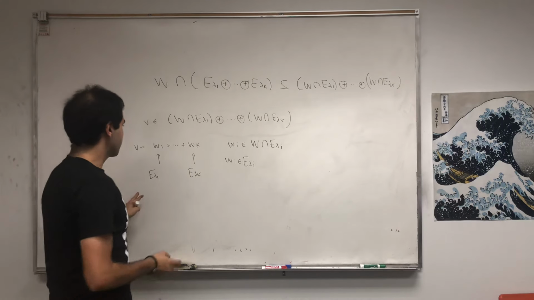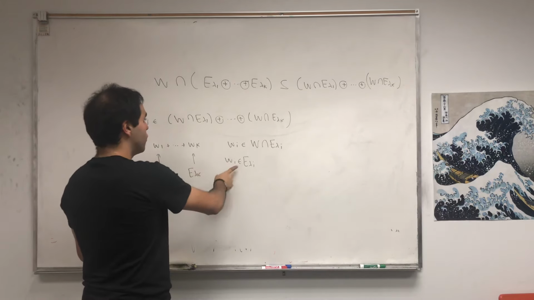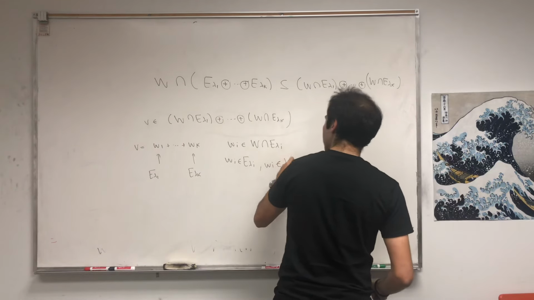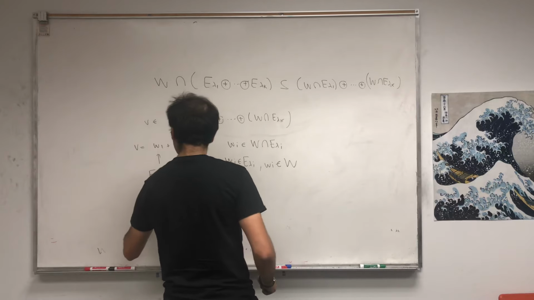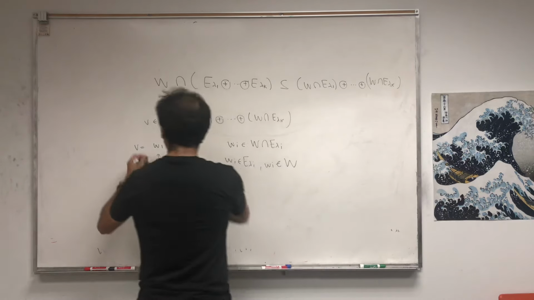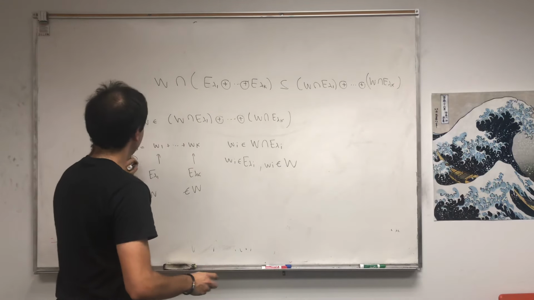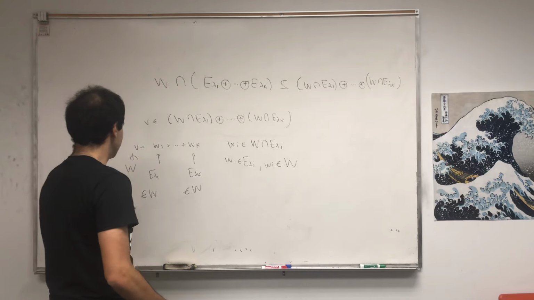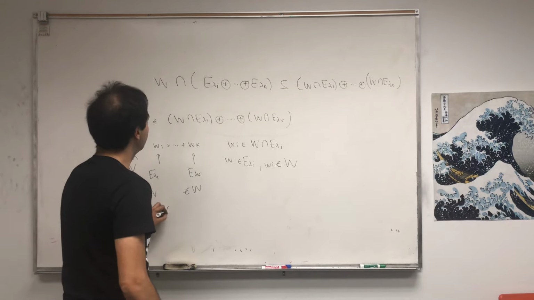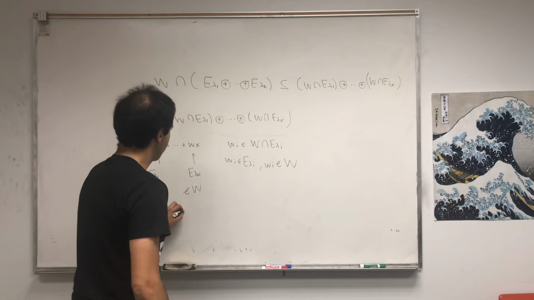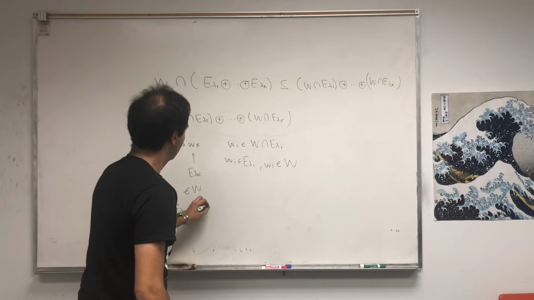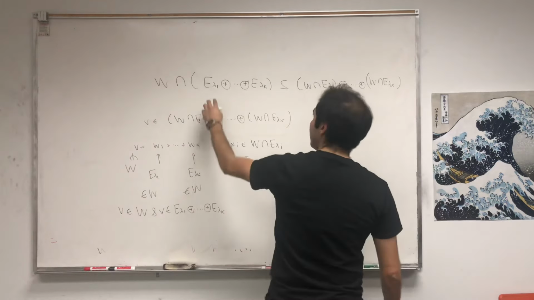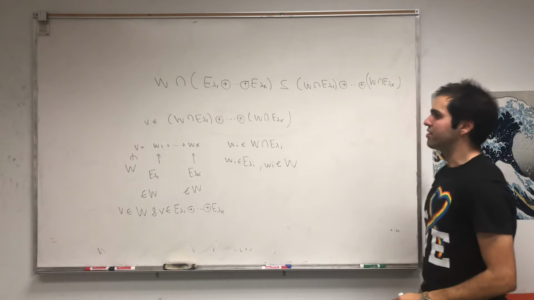And moreover, we also know Wi is in W. So this thing is in W, this thing is in W. So the whole sum of this is in W. So what we get is V is in W and in the direct sum E of lambda 1 through E of lambda k. And therefore, it's in their intersection.